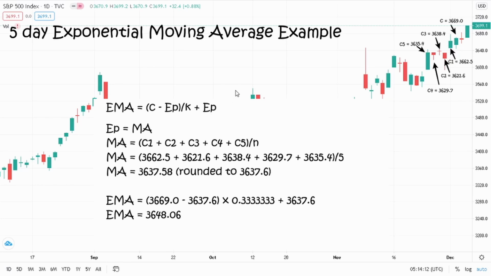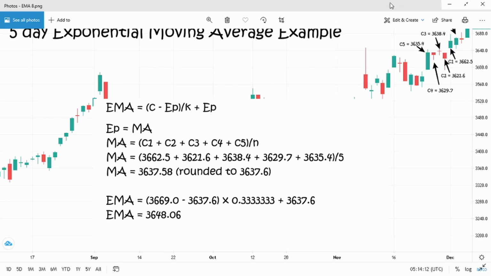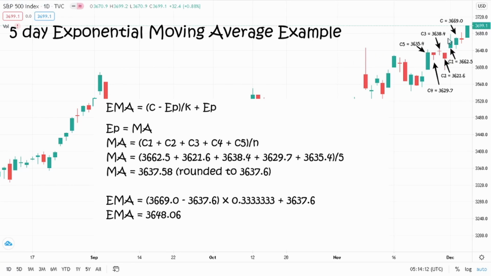For this example, we are once again going to calculate the exponential moving average of December 2nd on the S&P 500. But instead of using the previous period's exponential moving average, we're going to assume that we don't know that number. So since we do not know that number, we're going to do a 5-day moving average of the price period before December the 2nd.